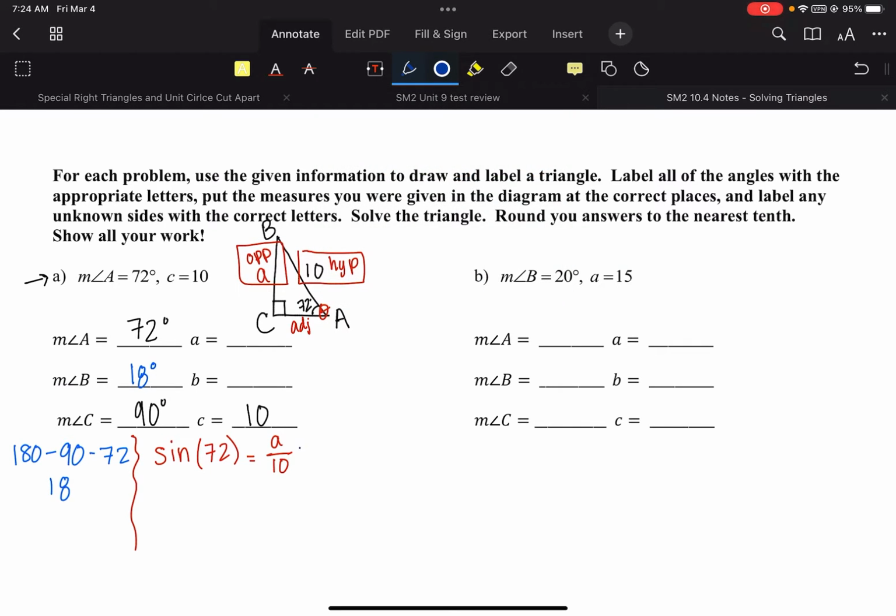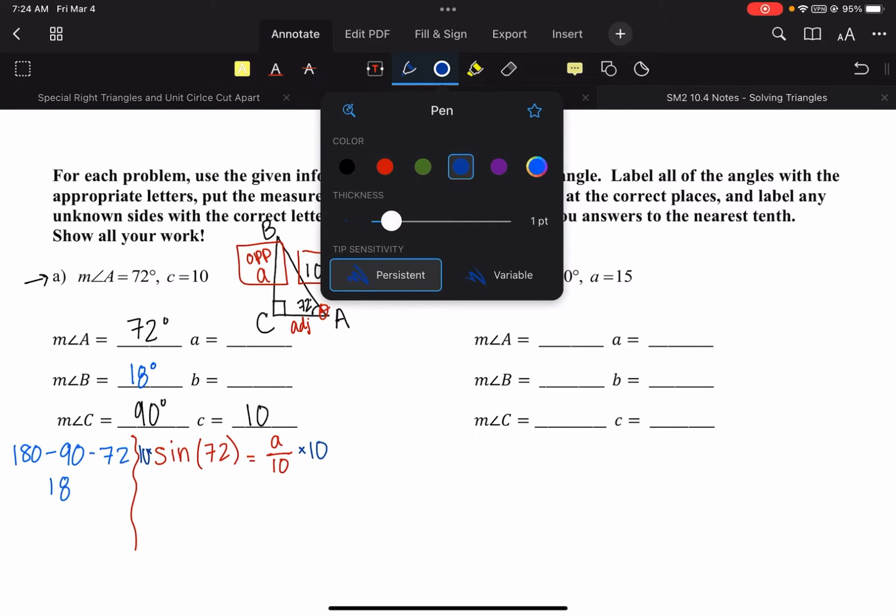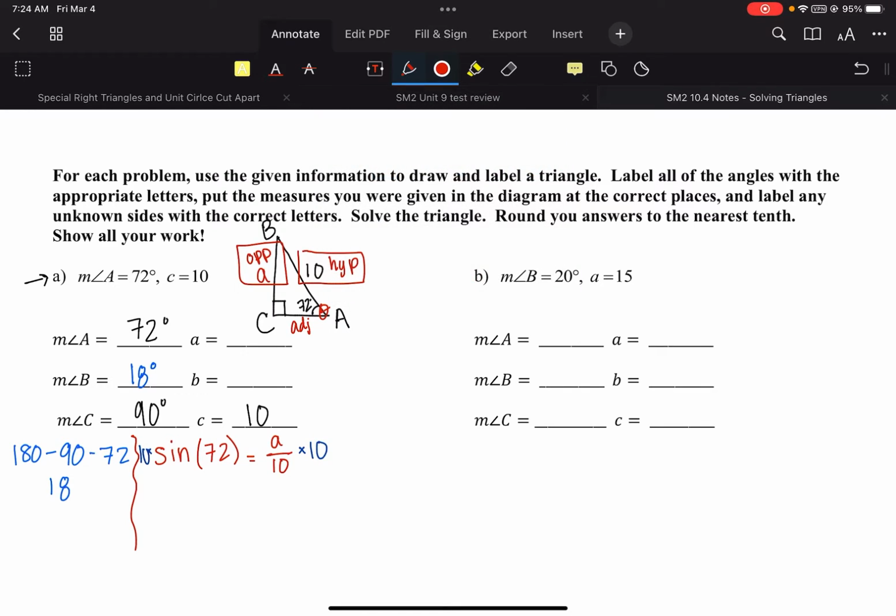Then I'm going to multiply both sides by 10. So 10 sine of 72 is equal to A. Since the A, or your X maybe, is by itself, I just type that into my calculator. And the A is equal to 9.5. Go ahead and fill that in up here.